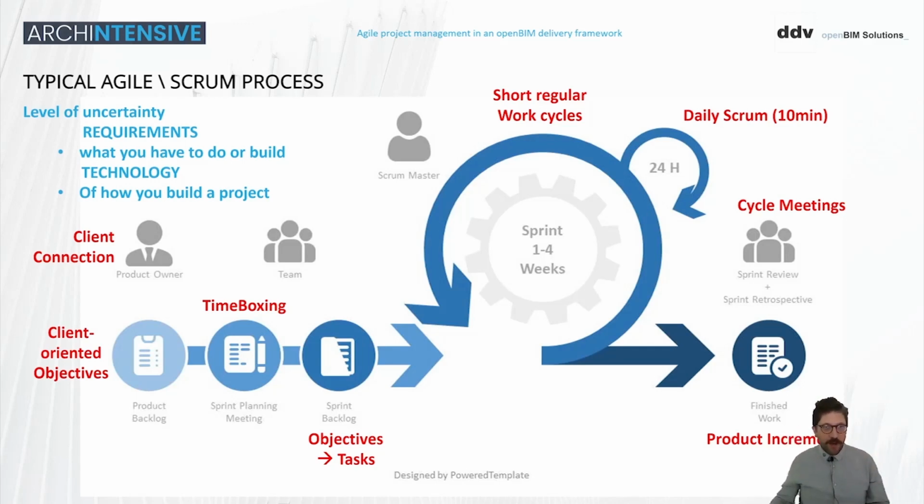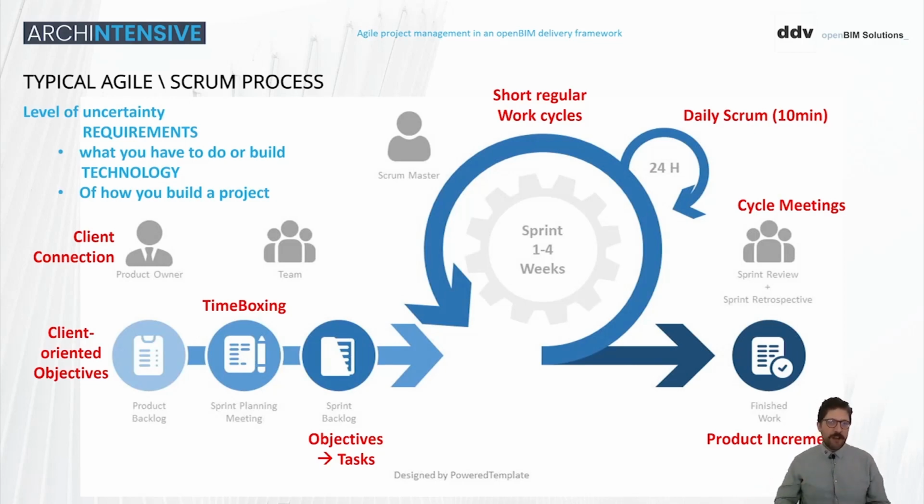So in the end, we will have short regular work cycles, no more than 4 weeks at maximum, and in each of those cycles we will produce different product increments. But what is interesting here is that in each of those days within those cycles, we will do what is called a daily scrum when we are applying SCRUM.